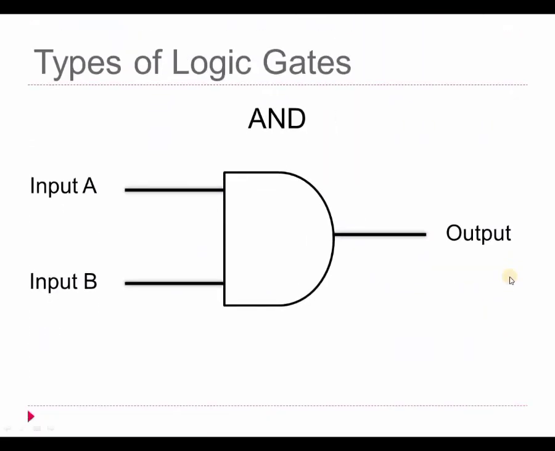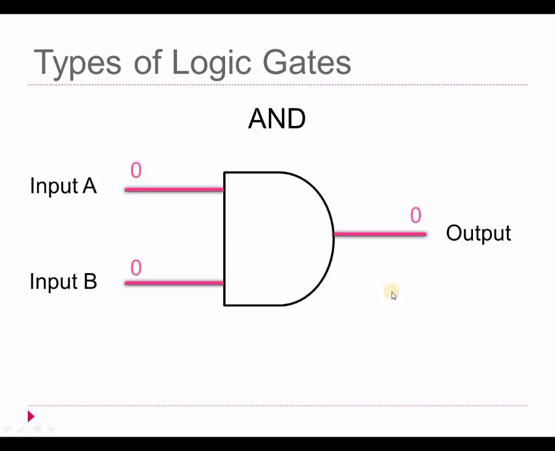So, the next type of logic gate is AND. This time, for the AND gate, if we apply no voltage at input A and no voltage on input B, then we have no voltage at the output.